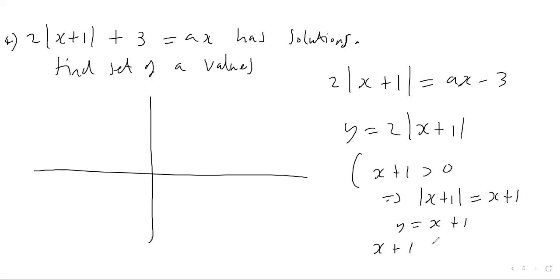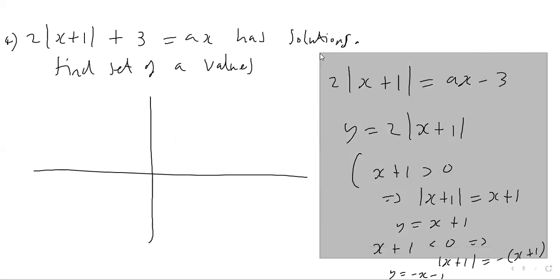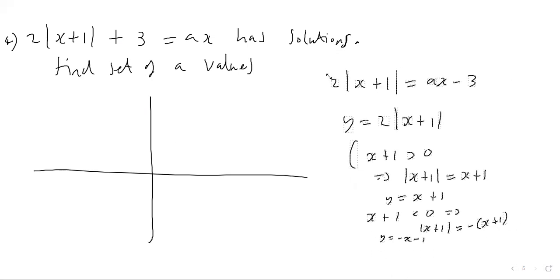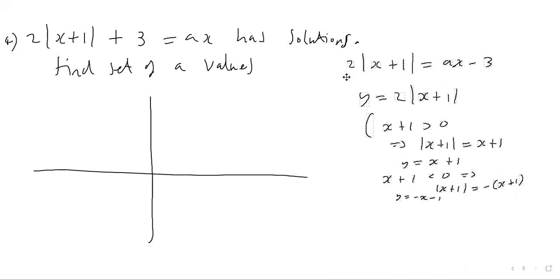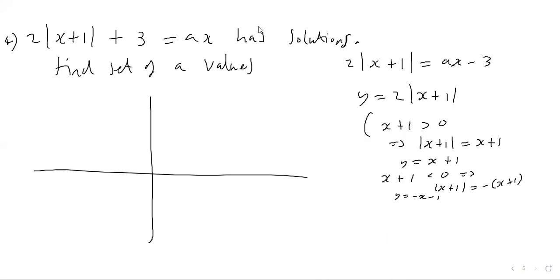But when x plus 1 is less than 0, remember, that means the modulus is actually equal to the negative of that. So the modulus of x plus 1 equals negative x minus 1. So we've got the graph y equals negative x minus 1. Let me just make this smaller. Sorry, one second. There we go, right. Okay, so then we can just sketch these graphs in.